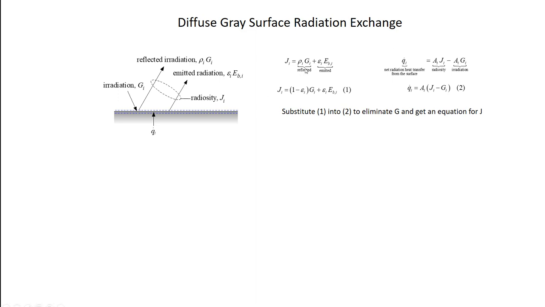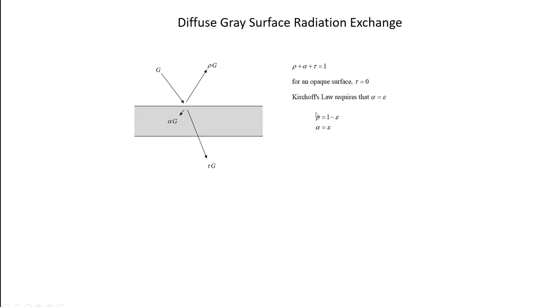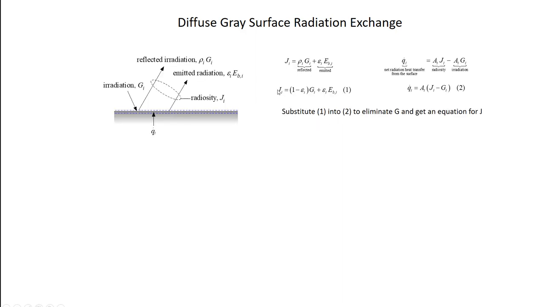So this is my equation for the radiosity right here. If I remember that, if I go back one, reflectivity is 1 minus the emissivity, then here's my equation written totally in terms of the emissivity. One thing to recognize here is that when we were talking about black surfaces, I never talked about radiosity.